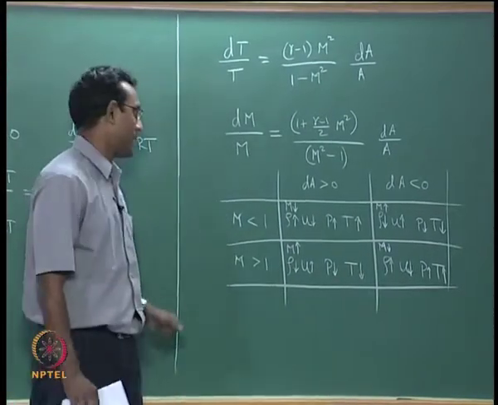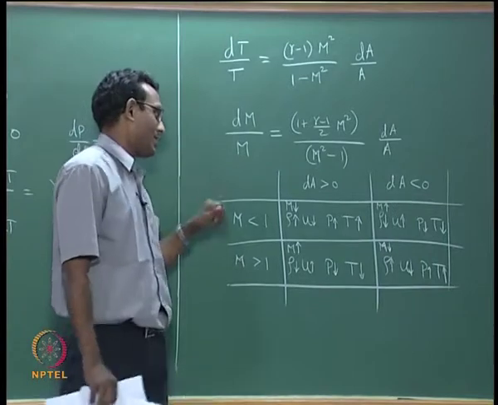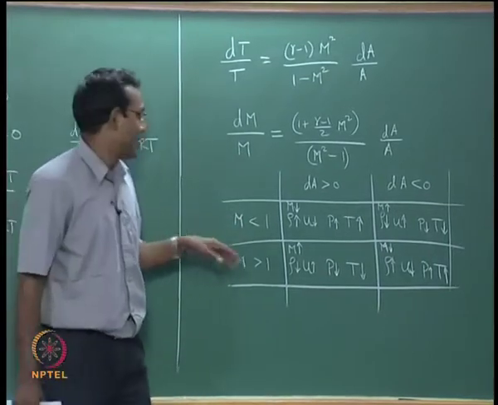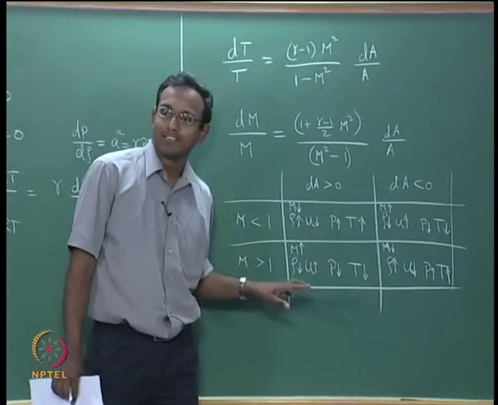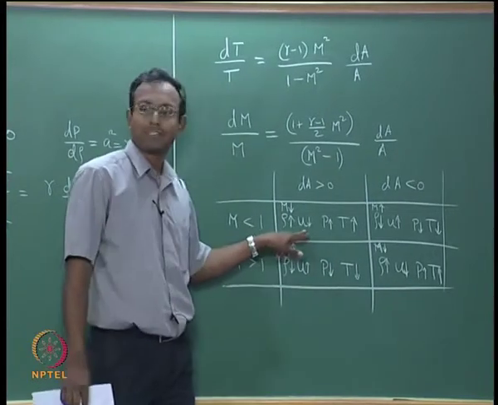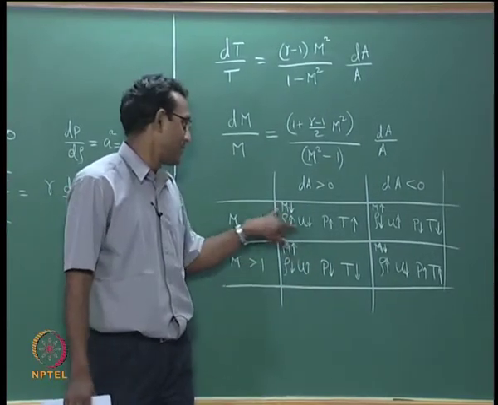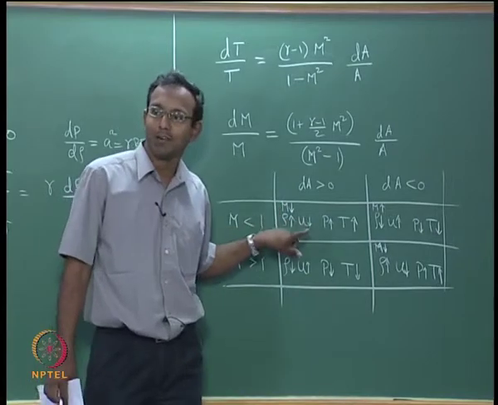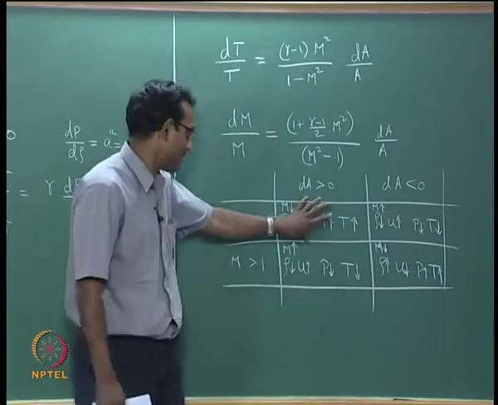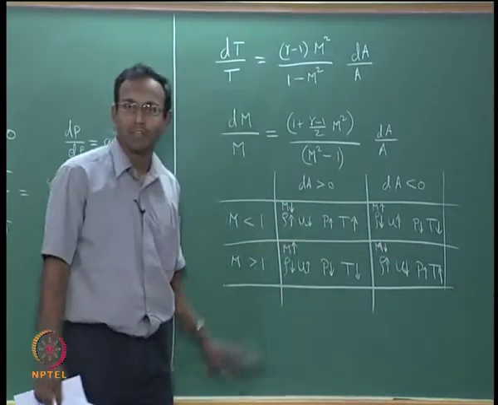The main idea is you have to just get used to it. I will just tell you a simple way to think about it. P, rho and T will always go the same direction, U will be the opposite direction. U will go the same as M; U and M will go one way, P, rho and T will go the other way. In any of these blocks if you look, that is what will be happening there.